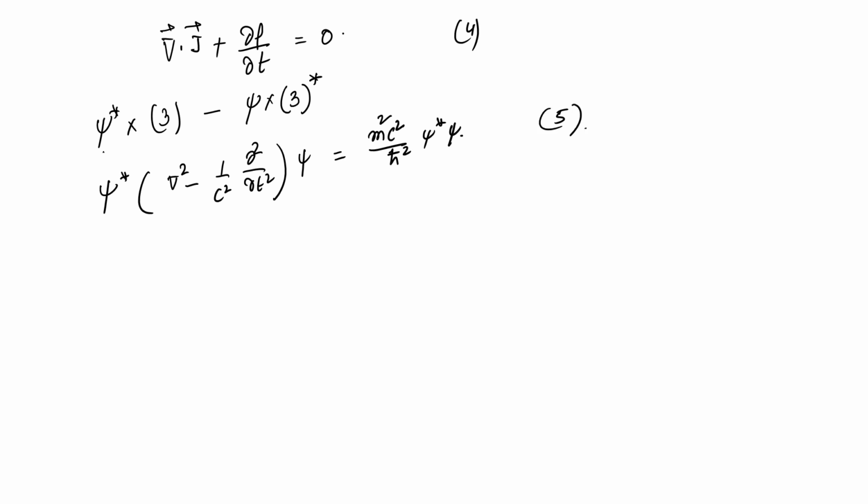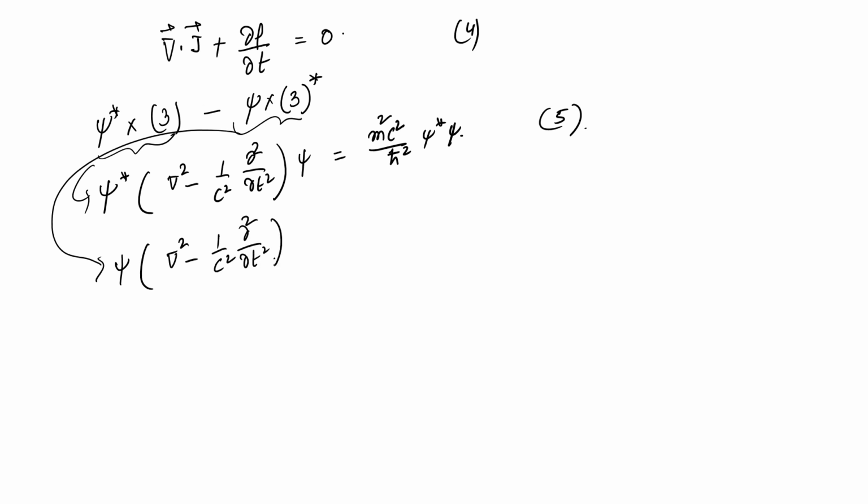So, this is the first term, and this can be called equation 5. And the second term we can write as psi times (del squared minus 1 over c squared del 2 del t 2) psi star, which is equal to m squared c squared by h cross squared psi star psi. And let us call this equation 6.